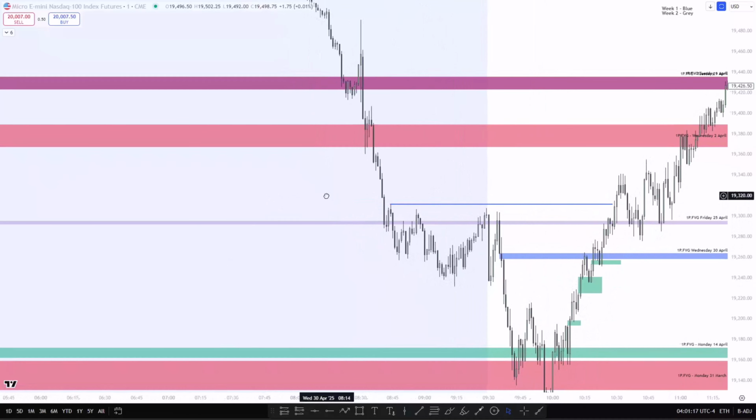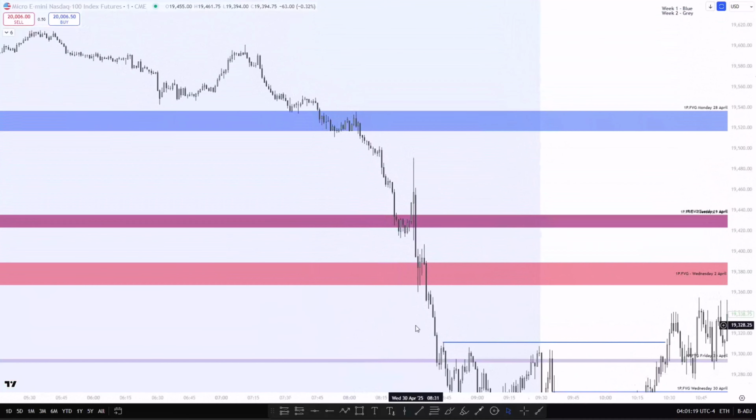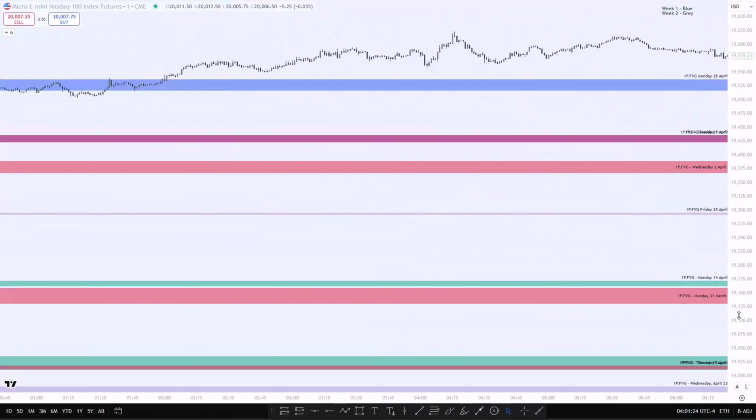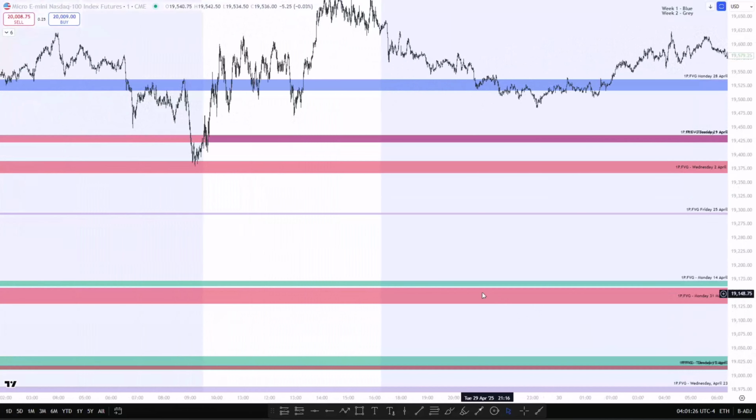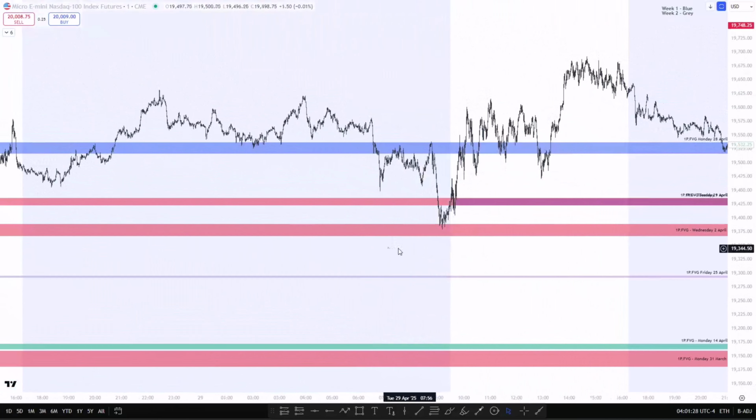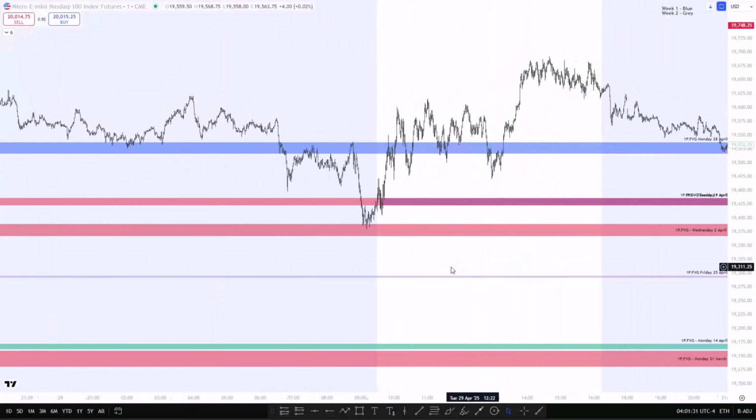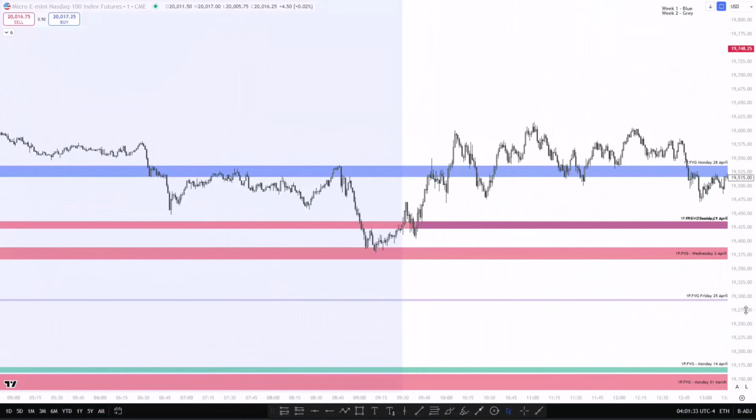You can pretty much see it in any of the price actions in between gaps. You can see that same thing happening. Okay, so just take a random one.